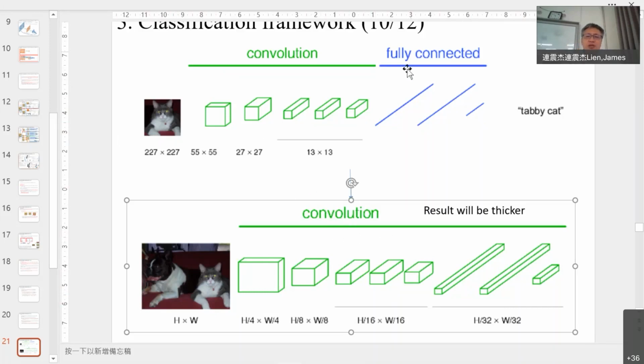So which one is better? If you want your input image size to be any size, you should use convolution. But it doesn't mean that if both inputs are the same, this will be better than that one.